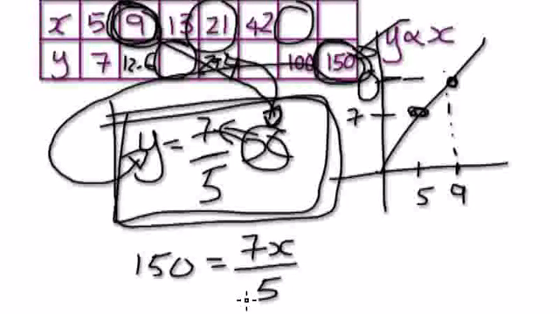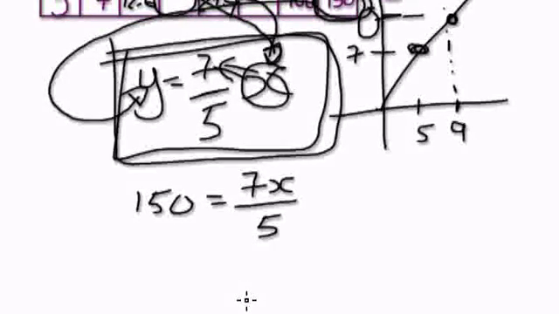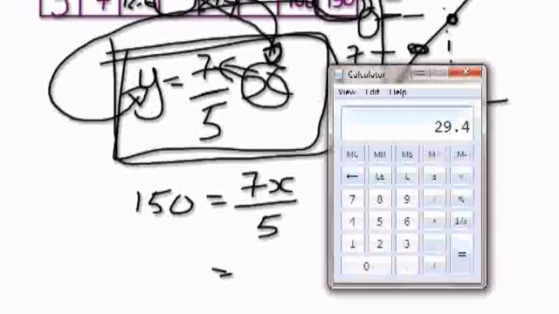So you would times both sides by 5. Okay, so calculator, where is it? So if you want to work out x, it would be 150 times 5 equals this, and then divided by 7 just to work out x.